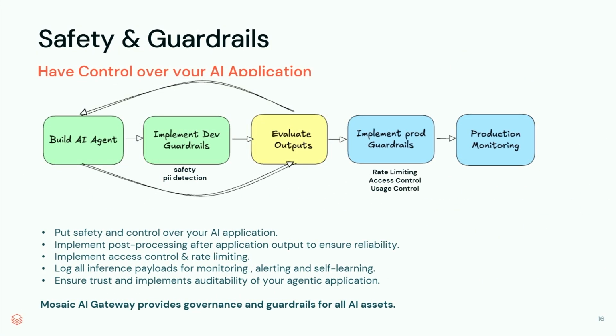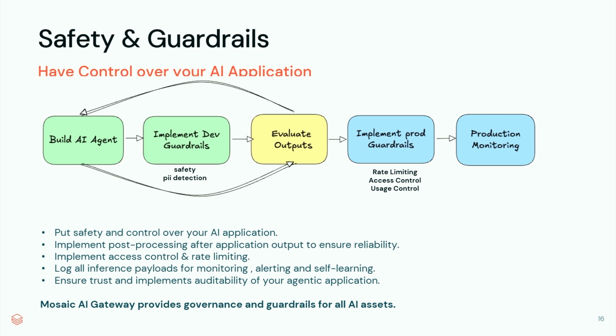Safety and guardrails. I think I have talked a lot about this, but this is just a guiding architecture. I know for real use cases it can be quite fluid, but the idea is, if you are building your agentic application and you have evaluated it, you need to have some sort of guardrail.